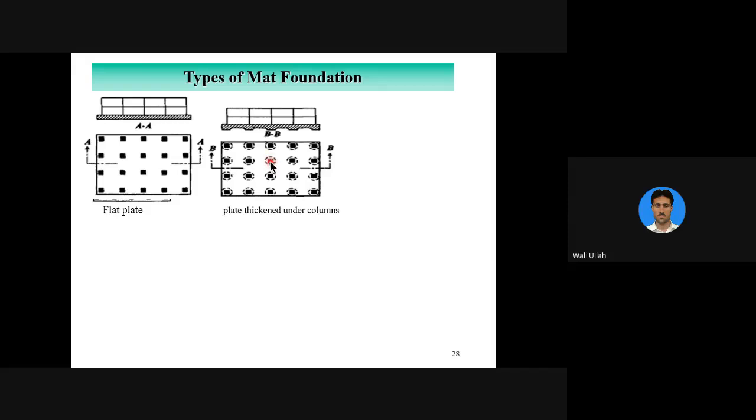This is a thickened raft because you require greater thickness below the column. The rest of the thickness of the mat is the same. This is for economy. Otherwise, you can provide a very thick raft, but that would be uneconomical. It is better to provide a thickened raft just below the column where the stresses are high.